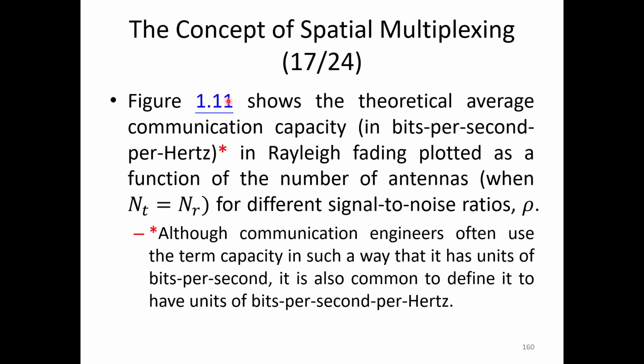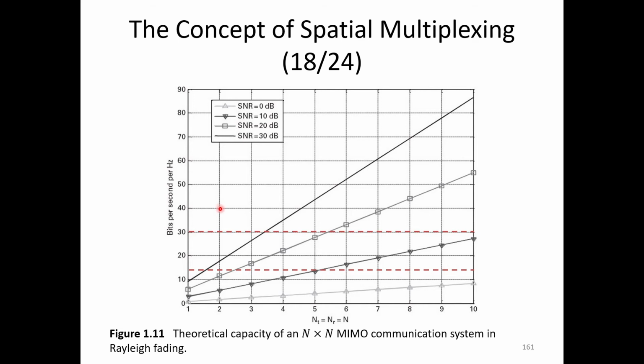Figure 1.11. Let us see Figure 1.11 in the next page. Figure 1.11 is the theoretical capacity of an N by N MIMO communication system in Rayleigh fading.